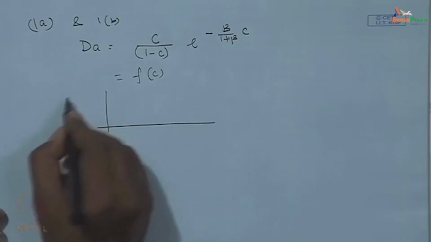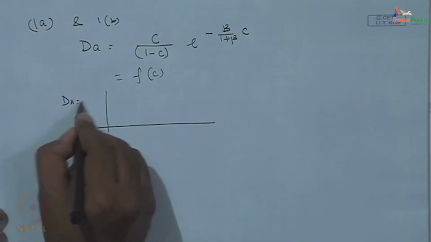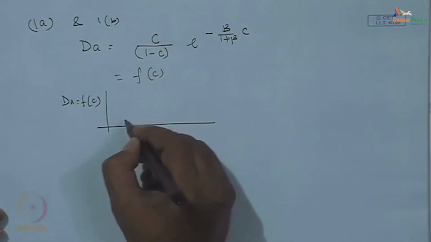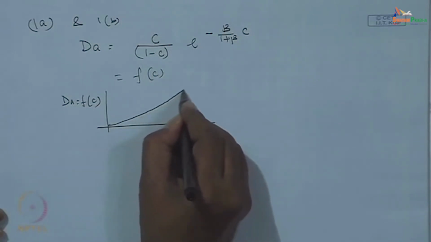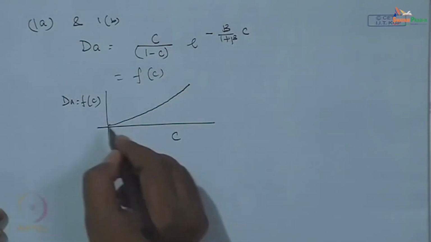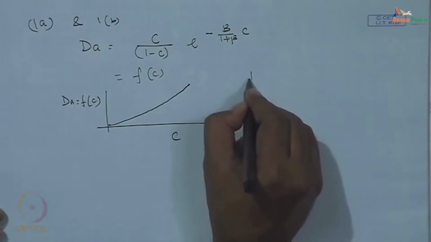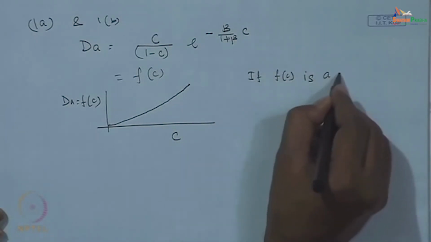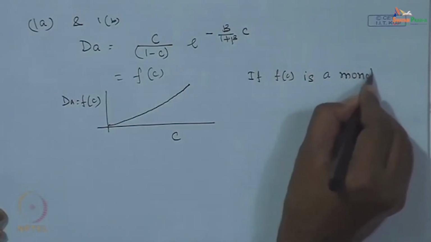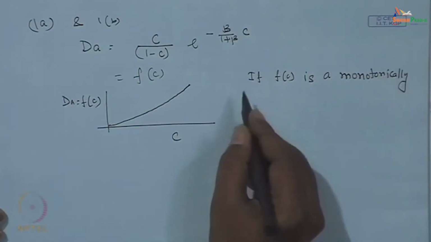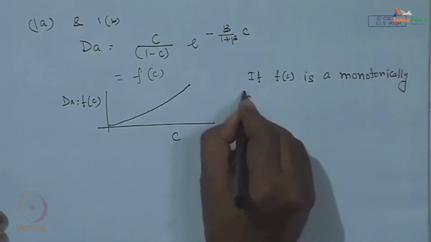If we plot DA, or f(C), as a function of C, we can see that it will be an ever increasing function. Now, if this is the case, then f(C) is a monotonically increasing function with C.